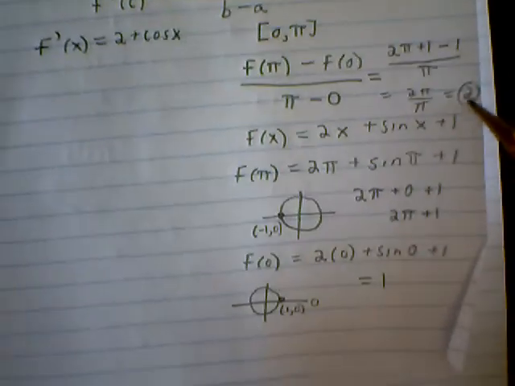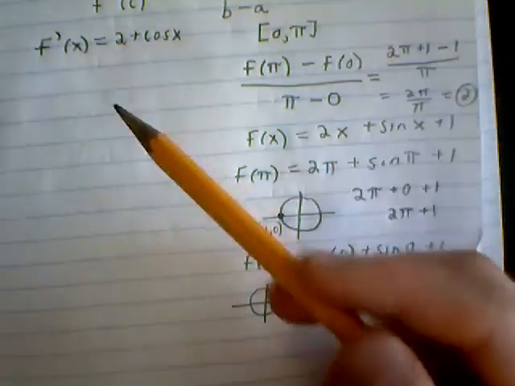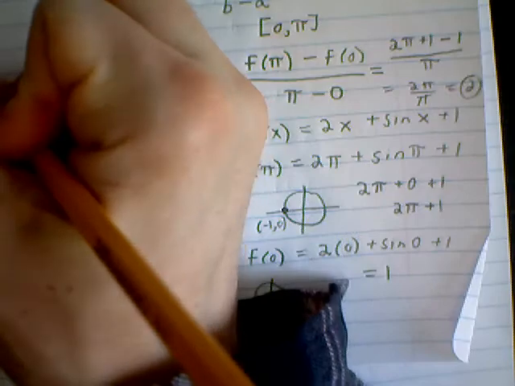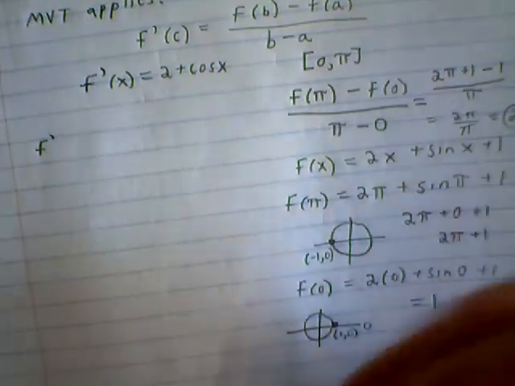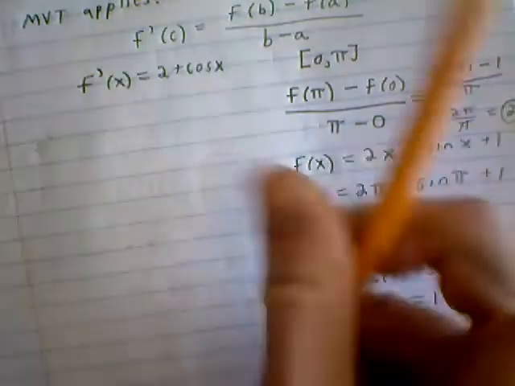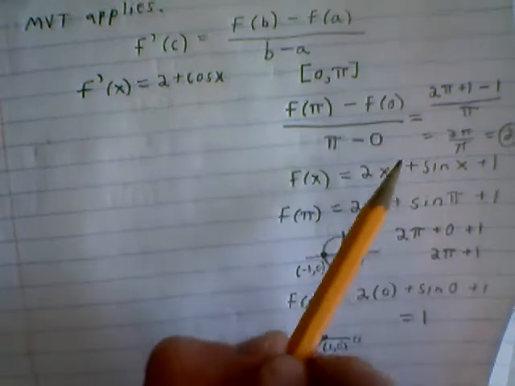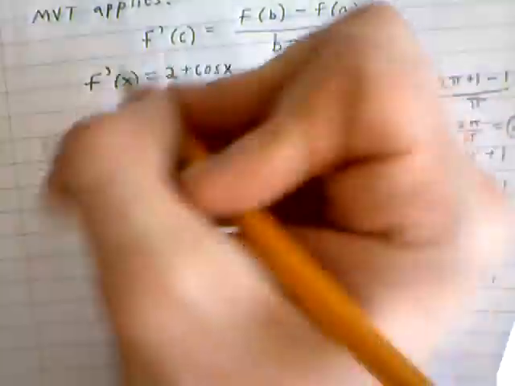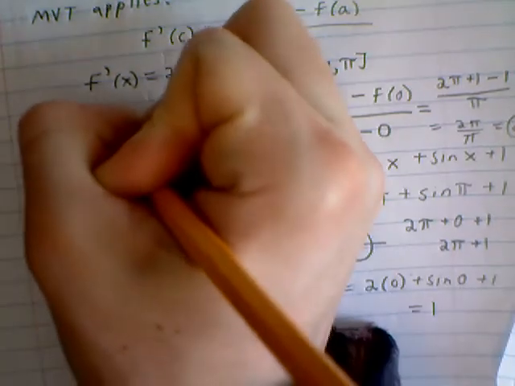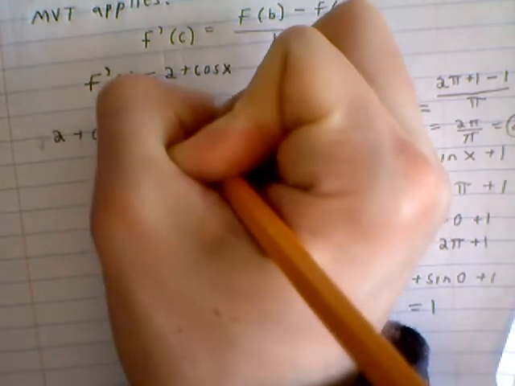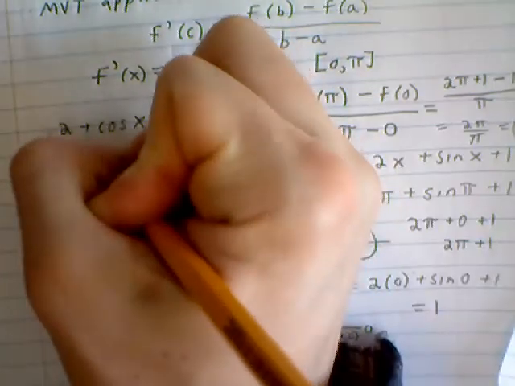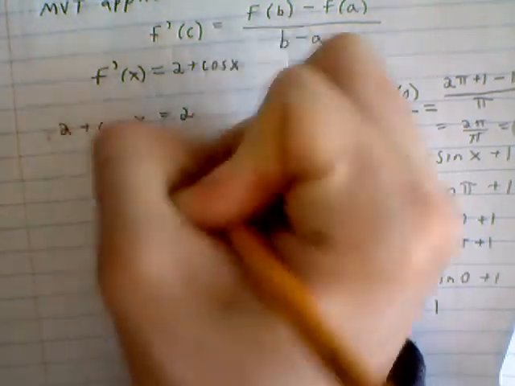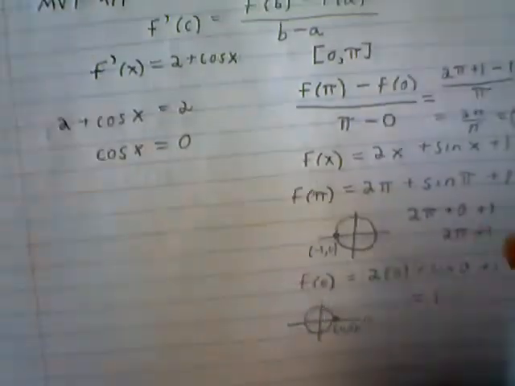So now I need to know where the slope of the secant line equals the slope of the tangent line. So I'm going to say f prime of x has to equal 2. You set the derivative equal to the slope of the secant line. So 2 plus cosine of x equals 2. Subtract 2 from both sides. I'm looking for where the cosine of x equals 0.